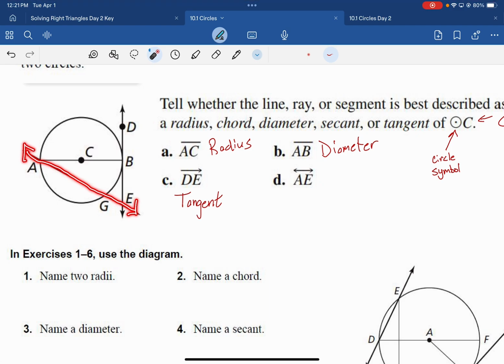Okay. What do y'all think that one is? Secant. How many times does it intersect? Twice. Yep. Secant, think of second place, number 2. Secant. Questions on that? It's not too bad, right? Okay.